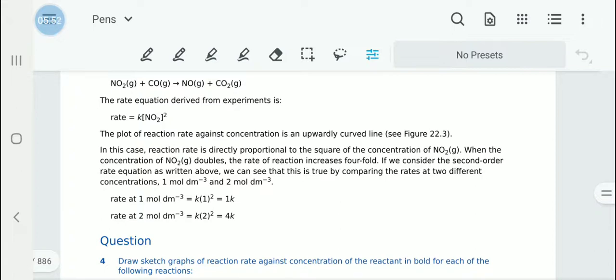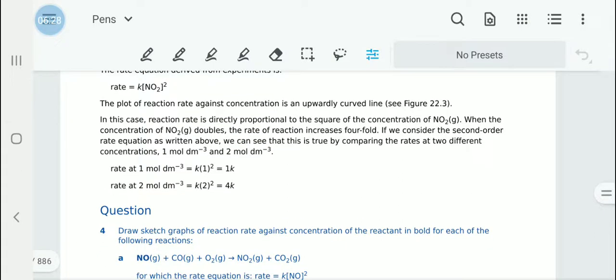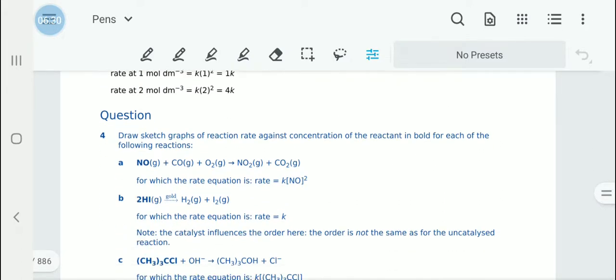The rate is directly proportional to the square of the concentration of NO2, so if you double the concentration of NO2, the rate would increase by fourfold. Comparing the rate at 1 mole per cubic decimeter, that is k times 1 squared, which is 1k. At 2 mole per cubic decimeter, it is k times 2 squared, which is 4k. That is how it multiplies. I hope it makes sense.